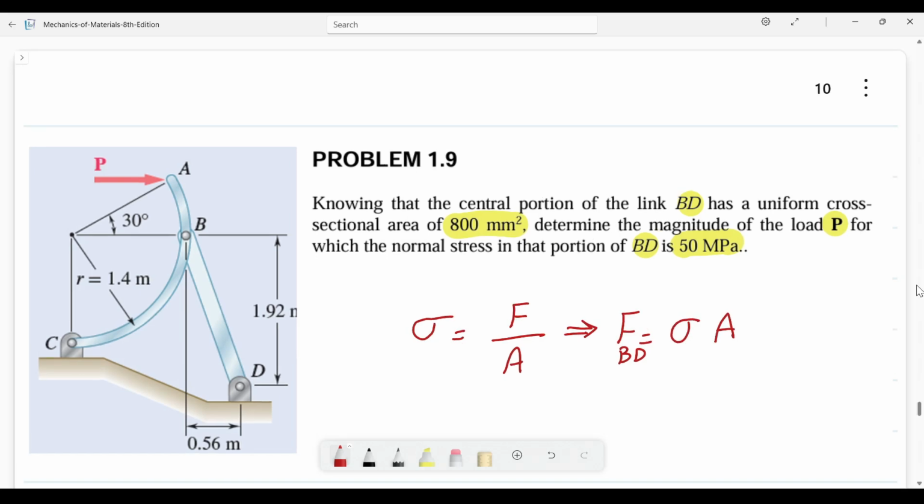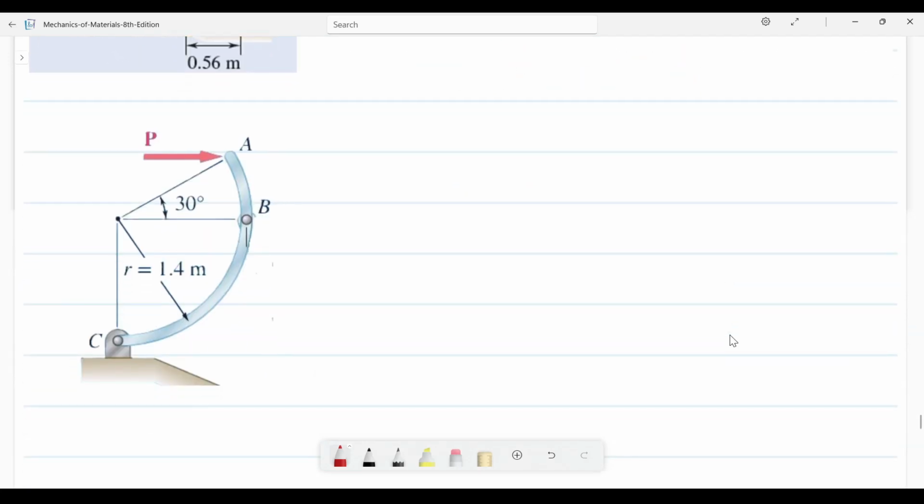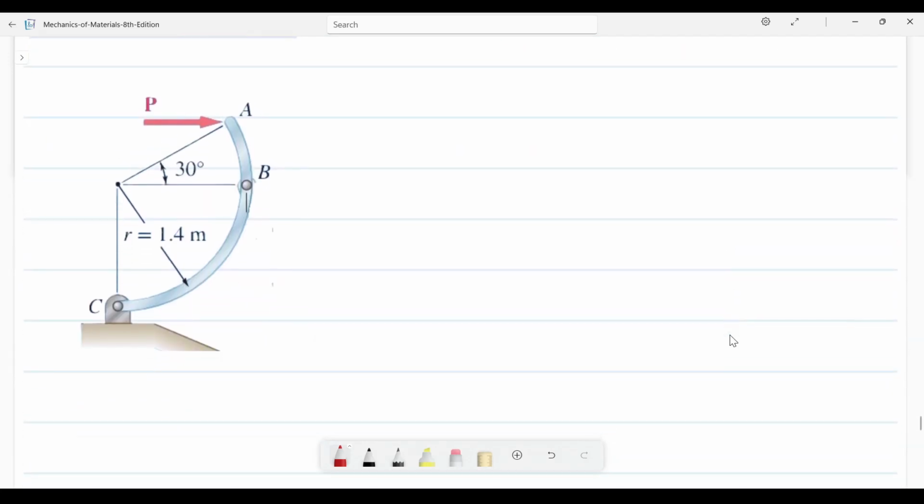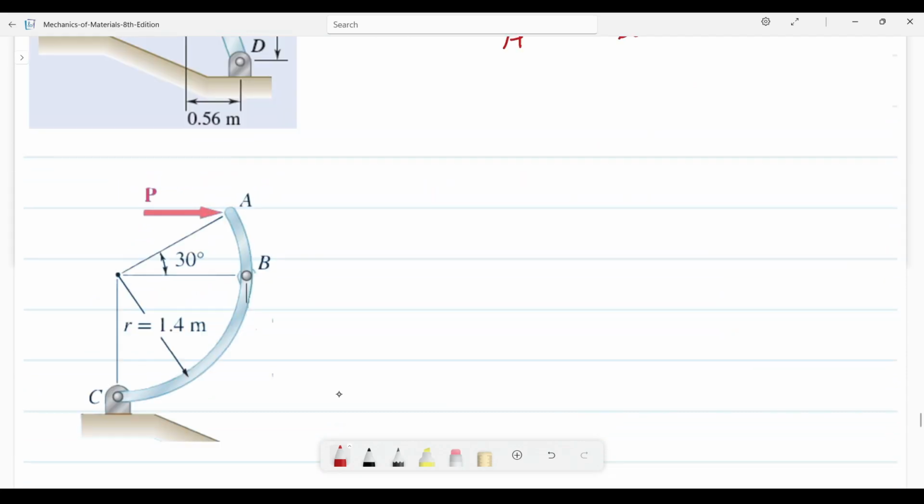Now that we have written the main equation, let's draw the free body diagram for link AC so the problem becomes easier to solve. I have the figure of the structure and link AC here. We should draw the forces and support reactions on it together.